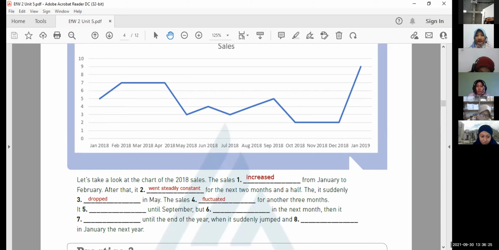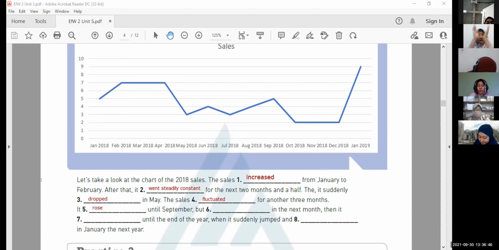It rose. Okay, it rose. It's the verb 2 of rise. Rise, rose, and risen, that's the verb 3. When we write rose, it's like a flower, but here it's not a flower. Rose here is the verb 2 of rise.